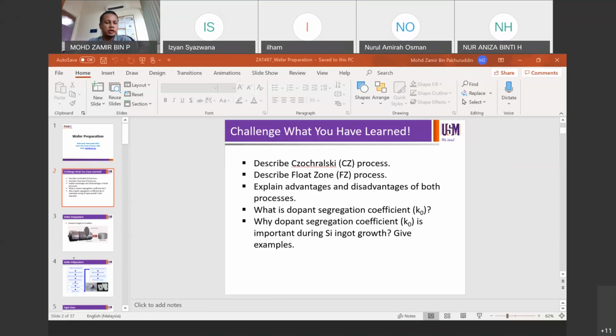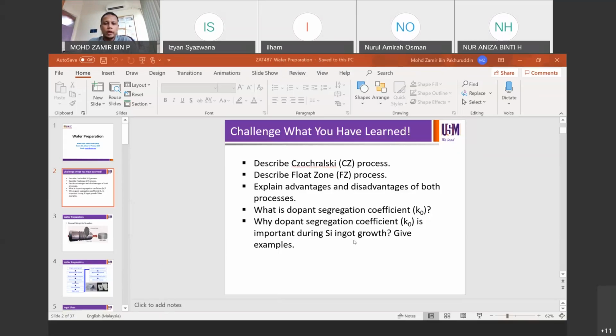This one is the previous question, right, Fazira? So what is dopant segregation coefficient? Ratio, okay, ratio of how much dopant will be in the ingot, not the sample, the ingot, in comparison to dopant incorporated in the melt, okay? So CS over CL, kan? CS over CL.